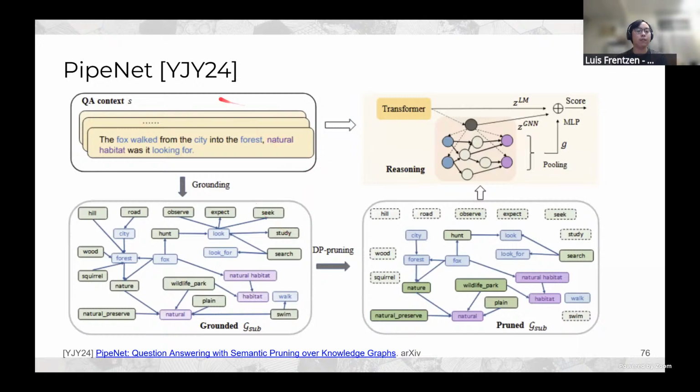And in this paper, PipeNet, they first construct that kind of graph. For example, they have one QA context, and using the keywords from that QA context, they make another knowledge graph based on those keywords and also based on the answers of the QA. So the blue ones are the keywords that are extracted, and the purple ones are the answers. And these green ones, they don't only use the keywords that are extracted, but they also do some expanding here.